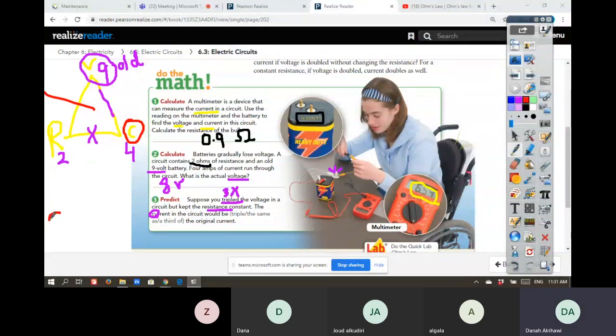Again, let's see the current is here. And the equation now is division. The voltage is 3 times the old one, 3 times V. I don't know what V is, but it's triple. And the resistance is the same. So here is the ohm, or resistance. This is the old one and this is the new one.